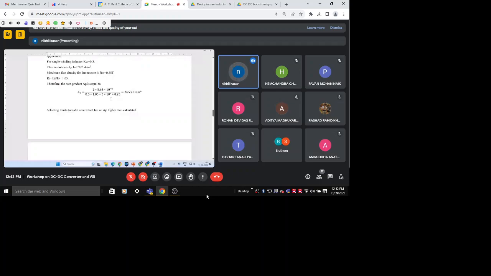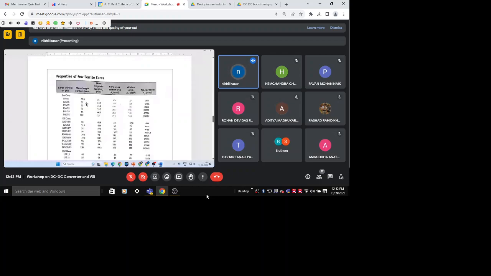Per the table, the core tables are the same source that I am using. Up to the first AP, the area value of AP.